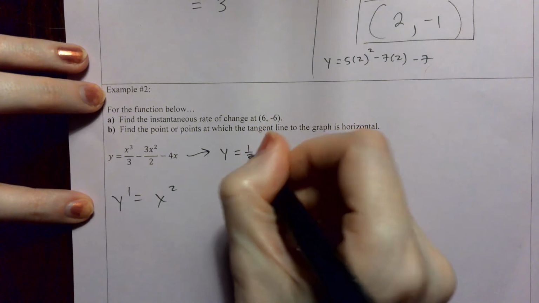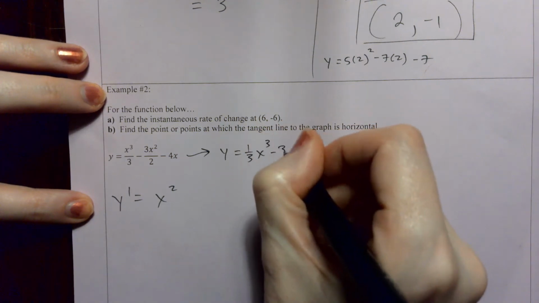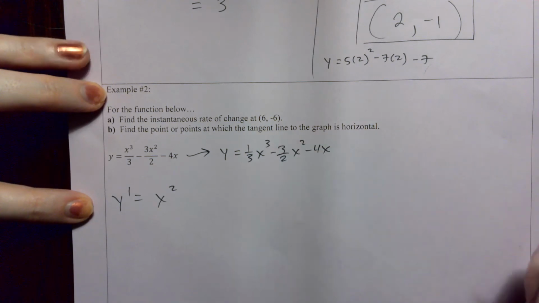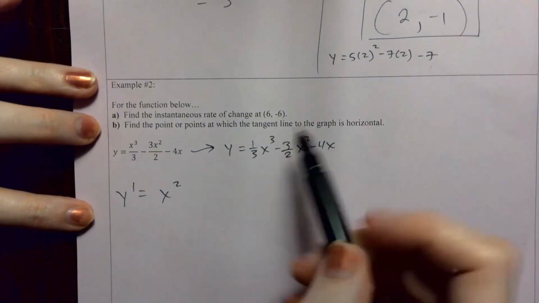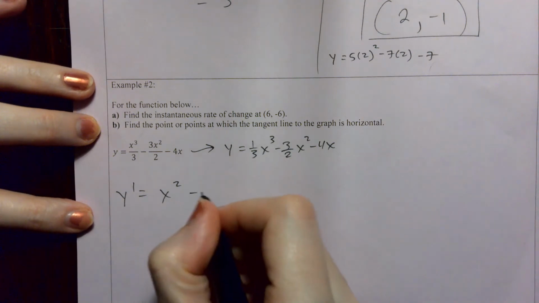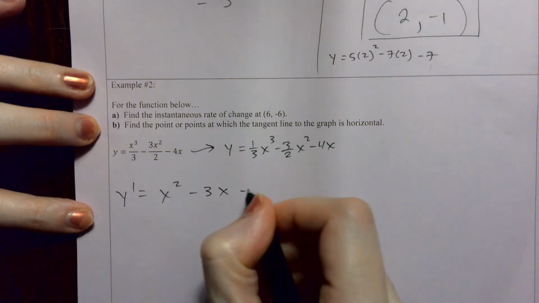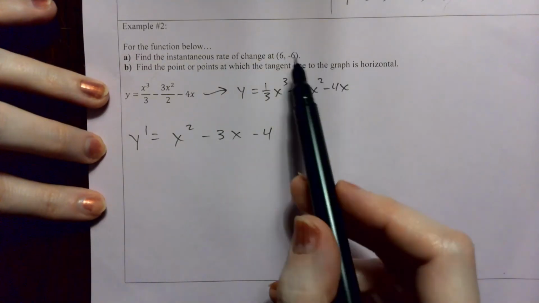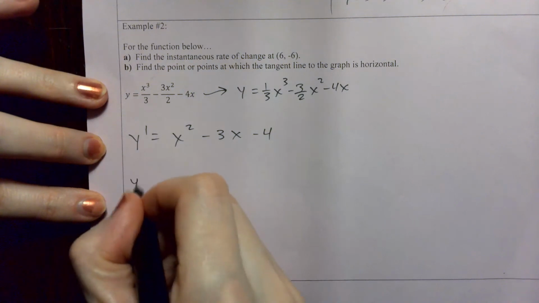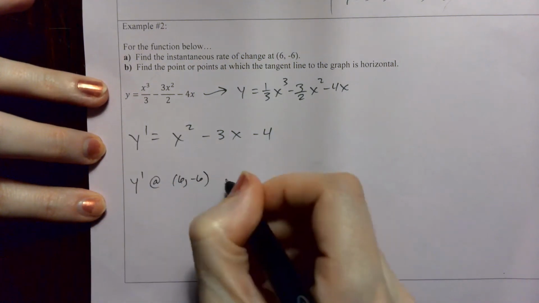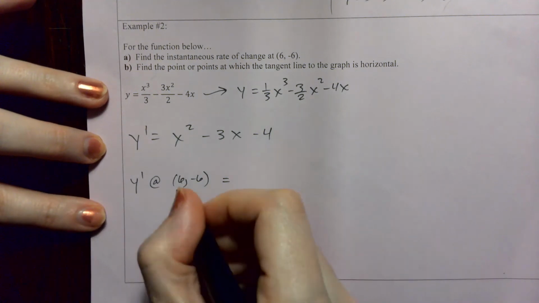So y is 1/3 x to the 3rd minus 3/2 x squared minus 4x. I just want everything to look like ax to the n. All right, so 1/3 times 3 is 1. Minus 3x minus 4. Okay. And I want y prime at (6, -6). So that's the x, that's the y.